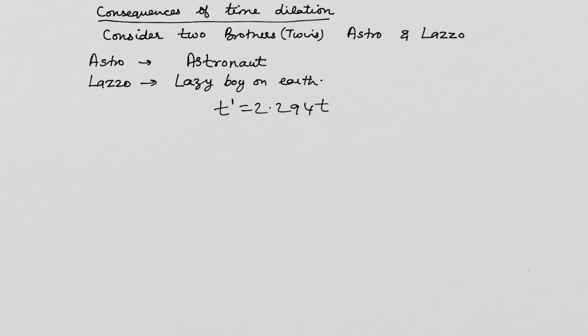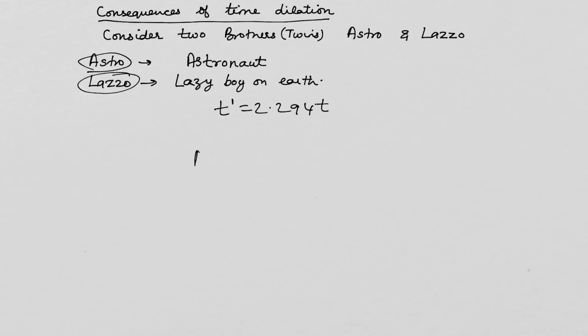Let's consider two brothers, say for example Astro and Lazo. Astro is an astronaut and Lazo is his lazy boy on Earth. Let's assume that case.